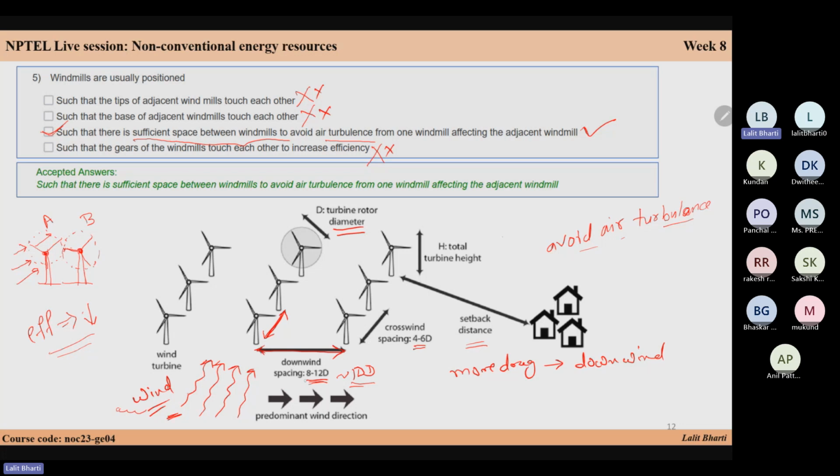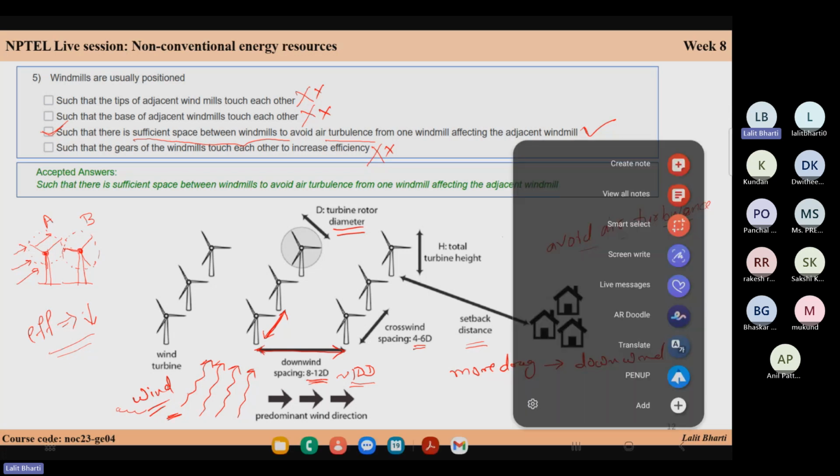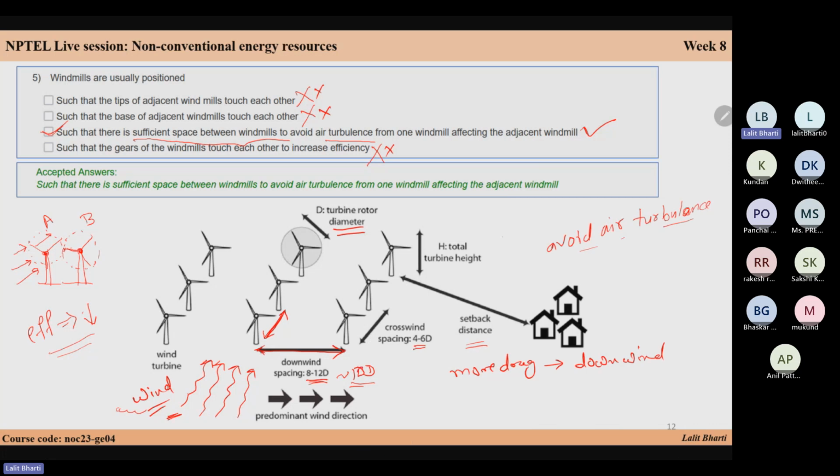Your downwind spacing should be around 10D, or in the range of 8 to 12D, where D is the diameter, and your crosswind spacing should be 4 to 6D, or around 5D. This is a typical range and depends on the different conditions. If this is your center windmill, then while rotating it will produce some turbulence. So let's say this turbulence.